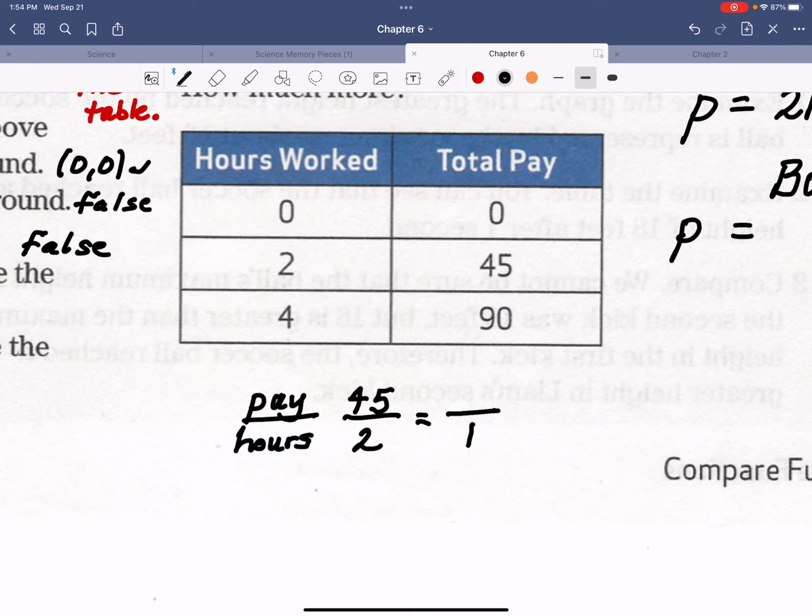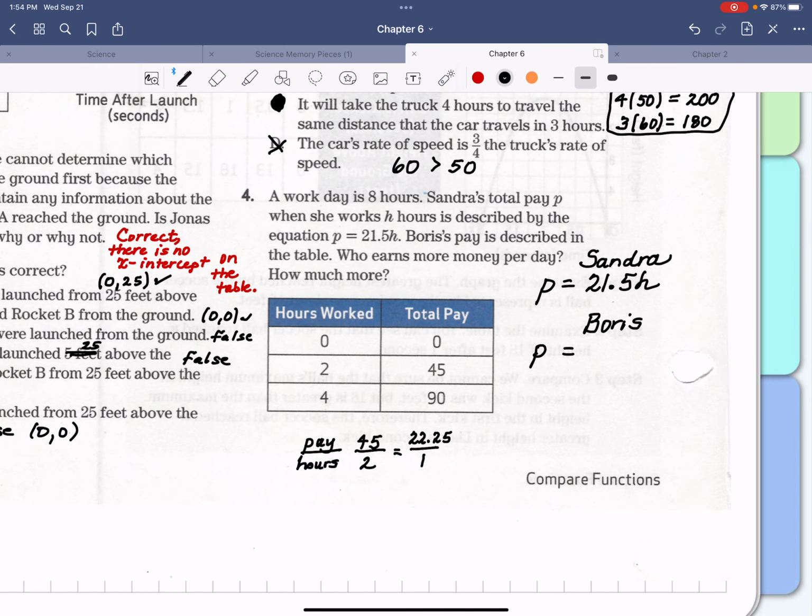So 45 divided by 2 is going to be more, but we need to know how much more. So $22.25 for 1 hour. That's Boris's hourly rate. So we can say that he makes $22.25 per hour.